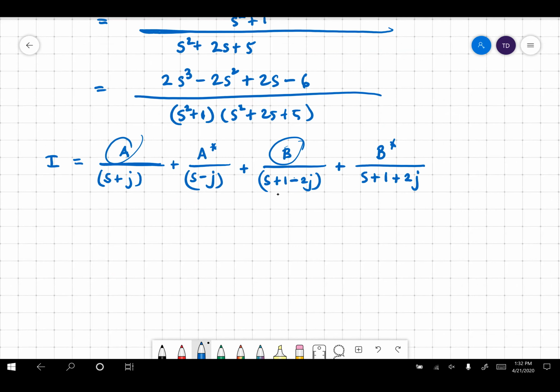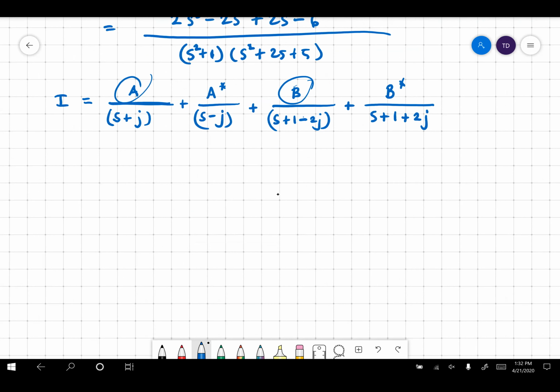Okay, so let's start solving for A. A is equal to S plus J times I of S. Remember, this is the I function, not the F of S function that we're used to.